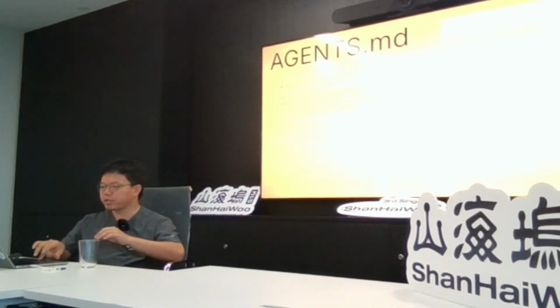Now as more companies are joining these coding agent standards, they are building a new standard called agents.md. It's a markdown file format with simple instructions, some information about the code base, and some best practices and warnings about doing coding.